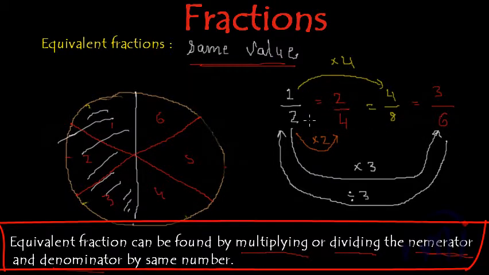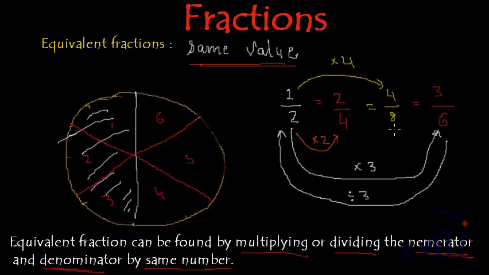Here from 1 by 2 we can find 2 by 4 by multiplying numerator and denominator by 2, and from 2 by 4 we can reach 1 by 2 by dividing the numerator and denominator by 2. Right? So all these are equivalent fractions which can be found either by multiplying the numerator and denominator by the same number or by dividing the numerator and denominator by the same number. So I think you have understood the concept of equivalent fractions.